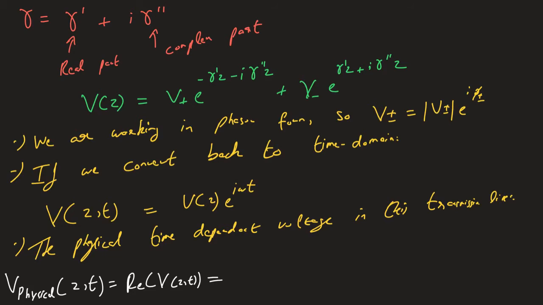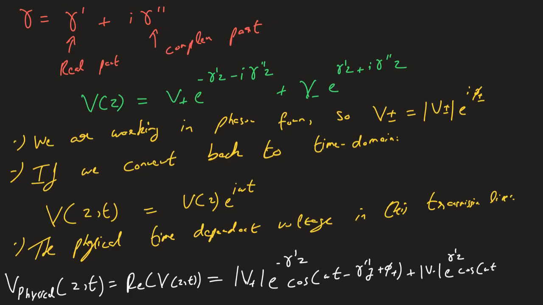And that will just be equal to the magnitude of V plus times e to the minus gamma prime z cosine of omega t minus gamma double prime z plus phi plus, and you will add to this the magnitude of V minus e to the gamma prime z cosine of omega t plus gamma double prime z plus phi minus, bracket close.